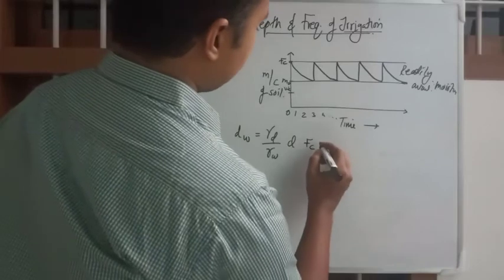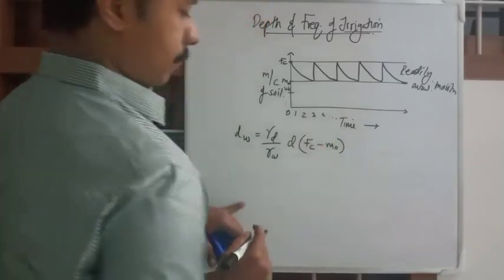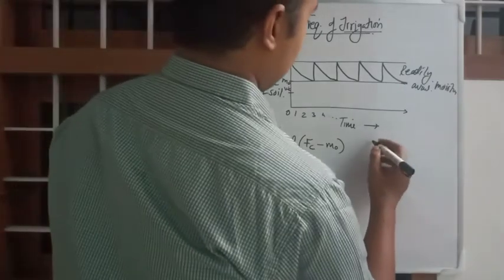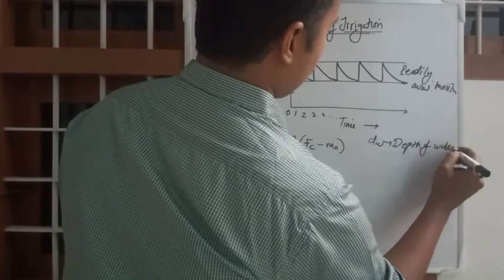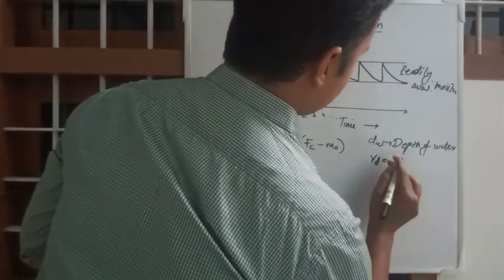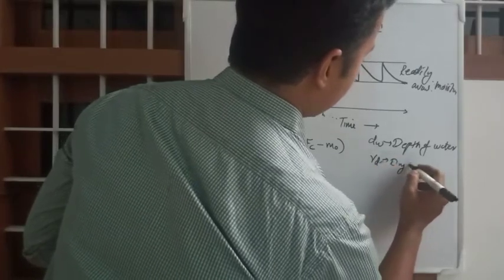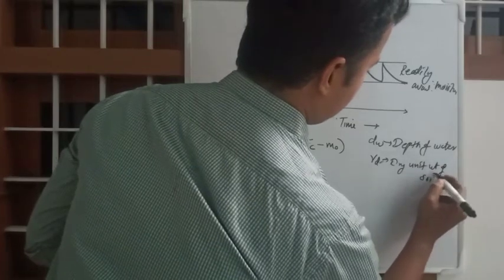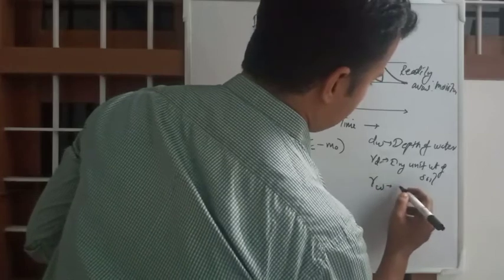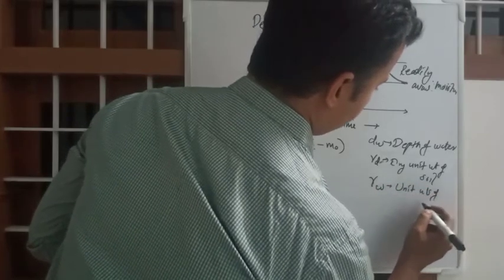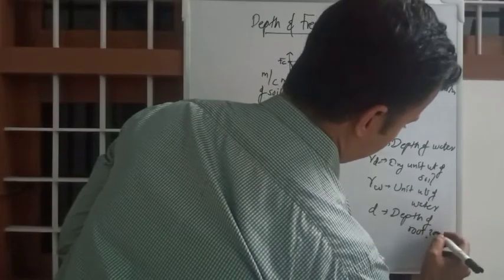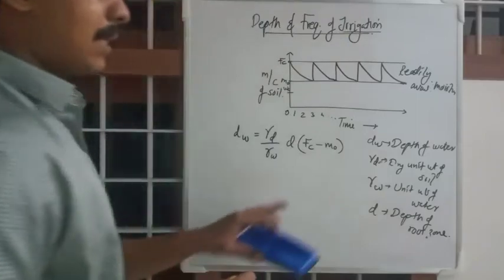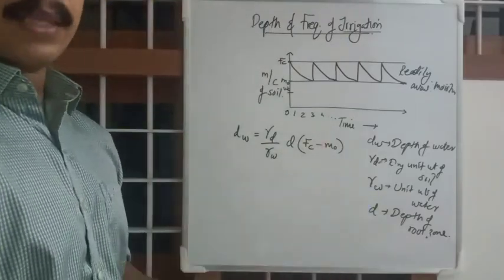This part is important, where dW is depth of water, gamma D is dry unit weight of soil, gamma W is unit weight of water, D is depth of root zone, FC is field capacity, and M0 is, as you know, the lower limit of readily available moisture.